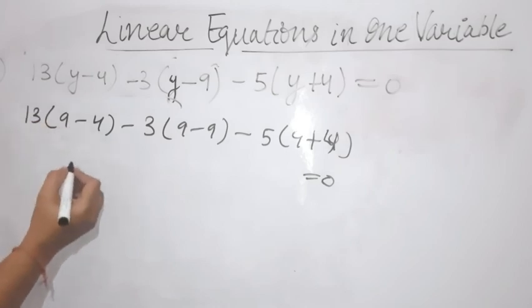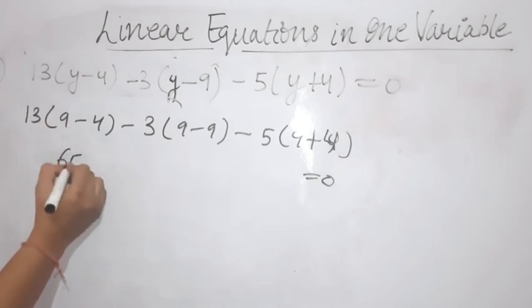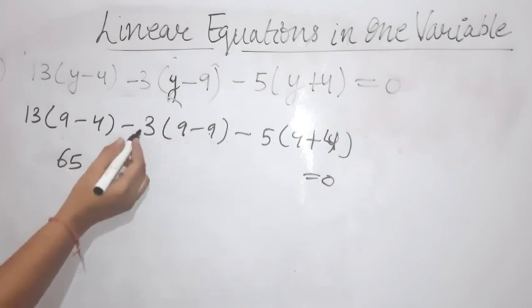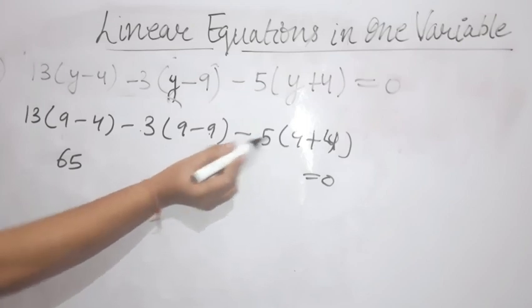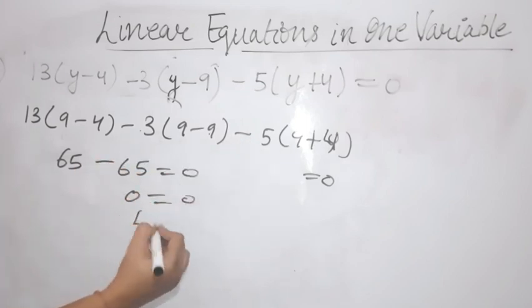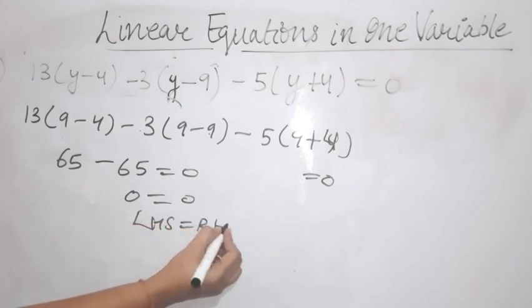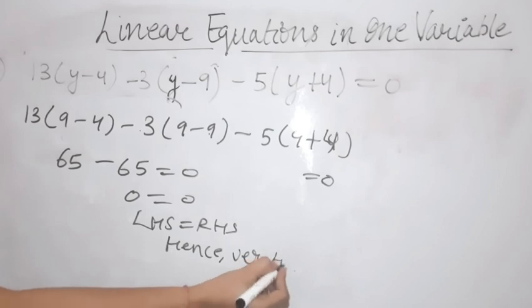So 9 minus 4 is 5. 13 multiplied by 5, 13 fives are 65. 9 minus 9 is 0, 3 zeros are 0. 9 plus 4 is 13 and 13 fives are 65. So 0 is equal to 0. LHS is equal to RHS, then we can say that hence verified.